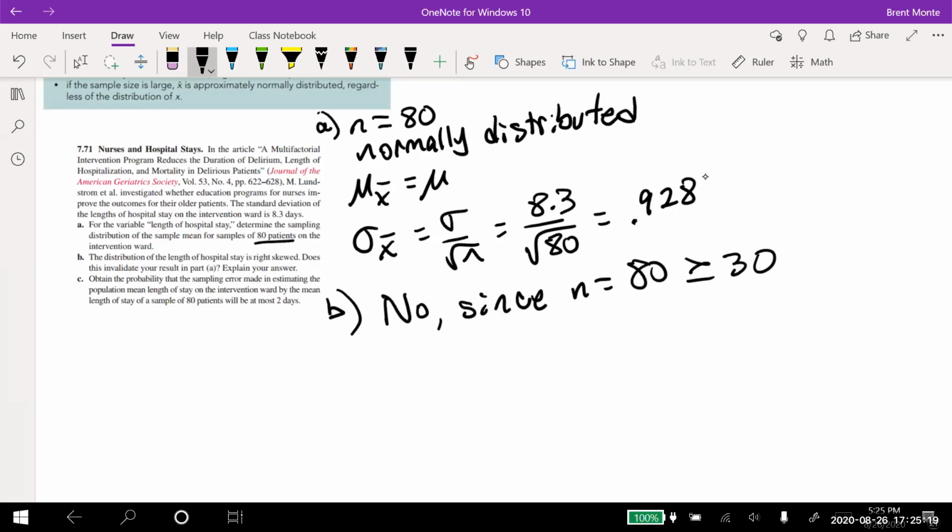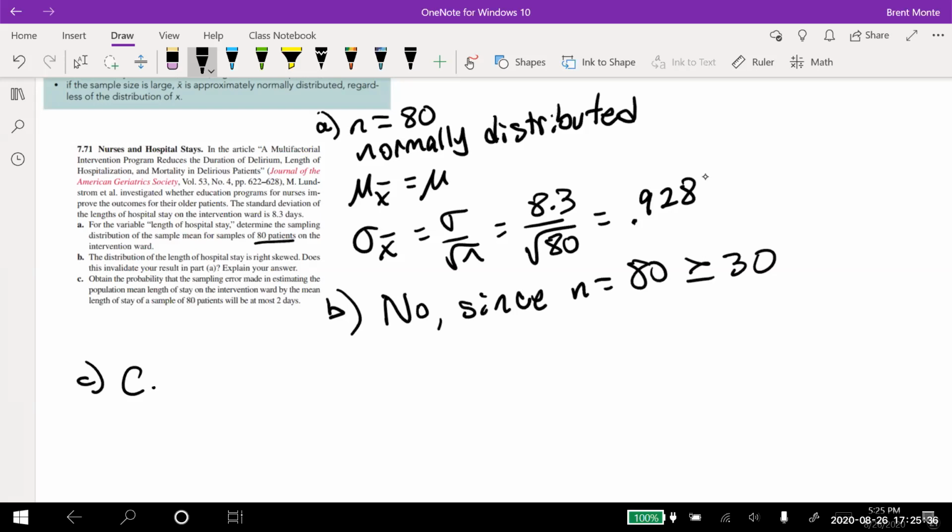And then C says obtain the probability that the sampling error made in estimating the population mean length of stay on the intervention ward by the mean length of stay of a sample of 80 patients will be at most 2 days. We're going to use StatCrunch to do this.